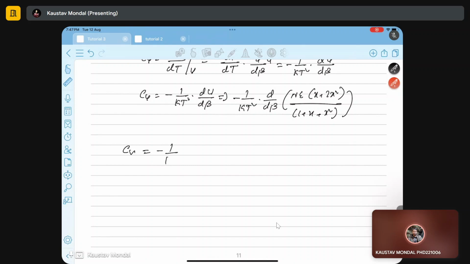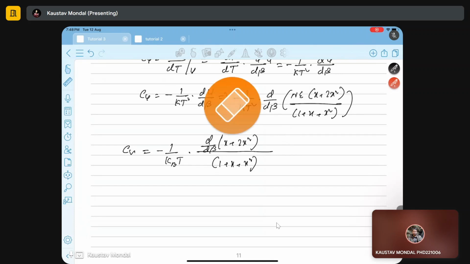So first would be (1 plus x squared) times d beta of (x plus 2x squared), and let me write it inside a bracket.